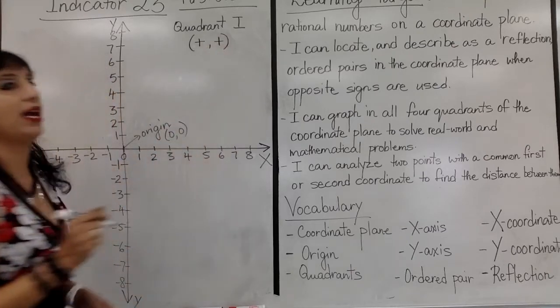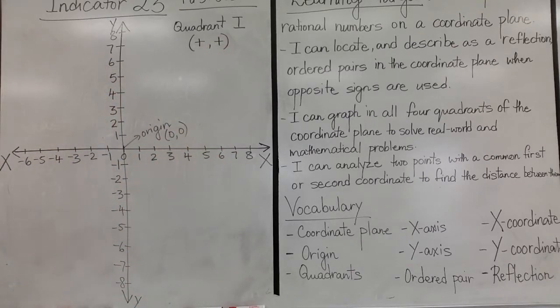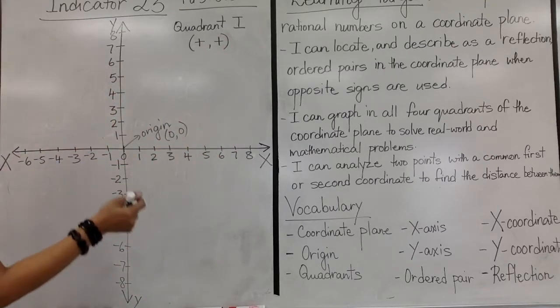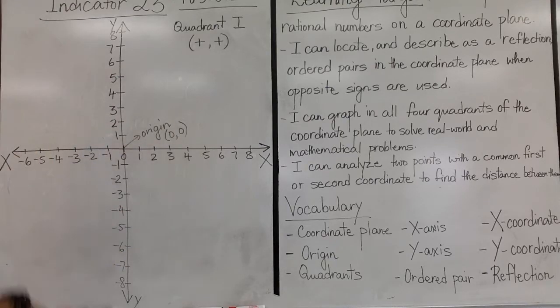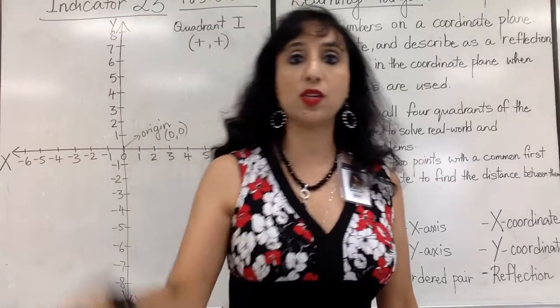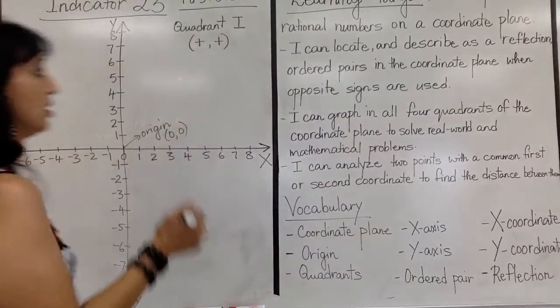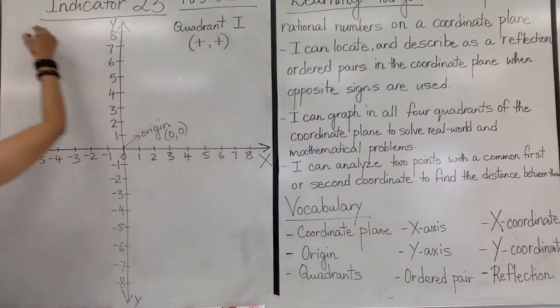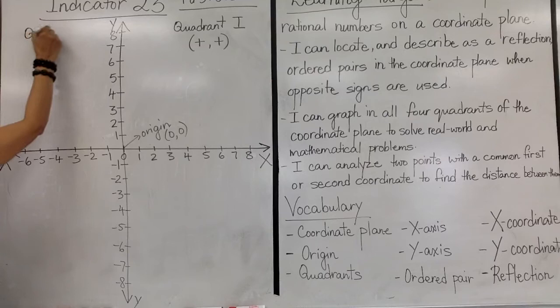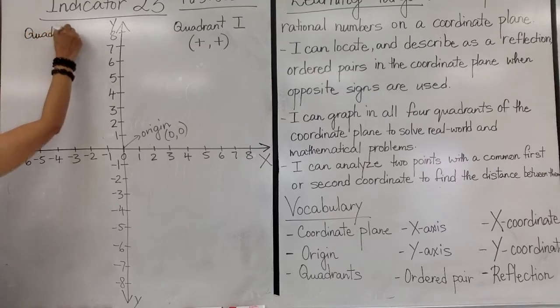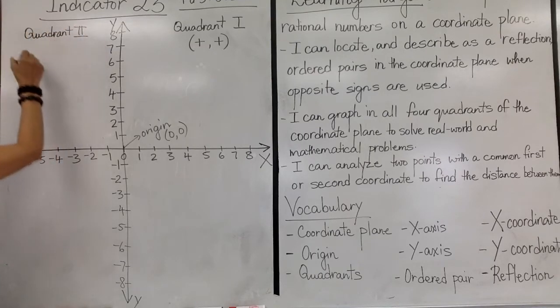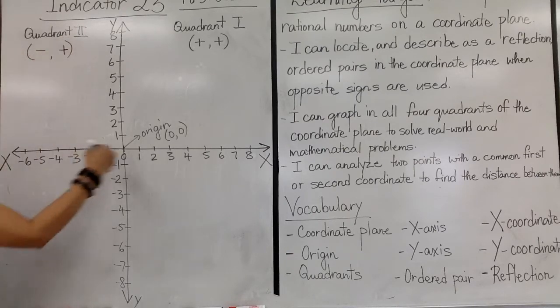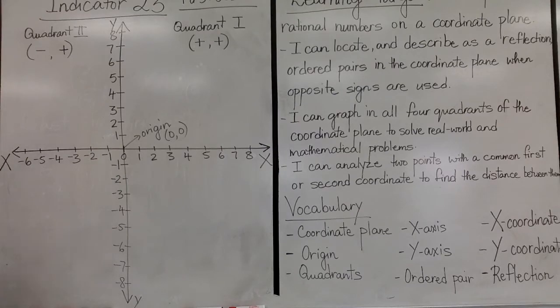The x and y are positive. Okay, then this goes counterclockwise. This is clockwise, so this goes counterclockwise, the other direction. So this is quadrant 1, this is quadrant 2, and over here your ordered pairs are negative, positive. Okay, negative, positive. And then we have quadrant 3 down here.